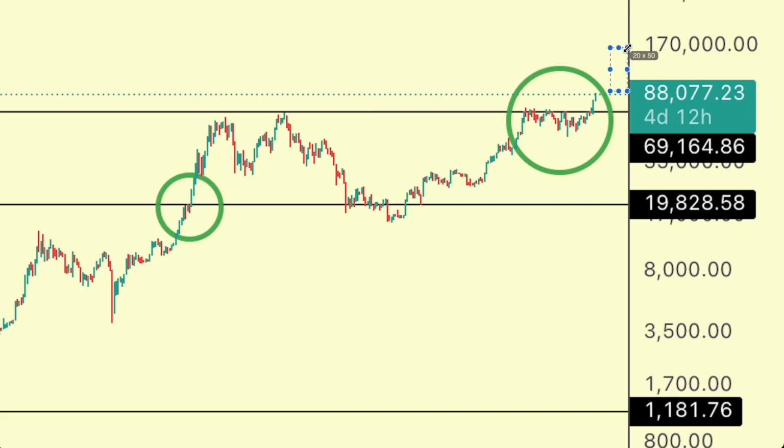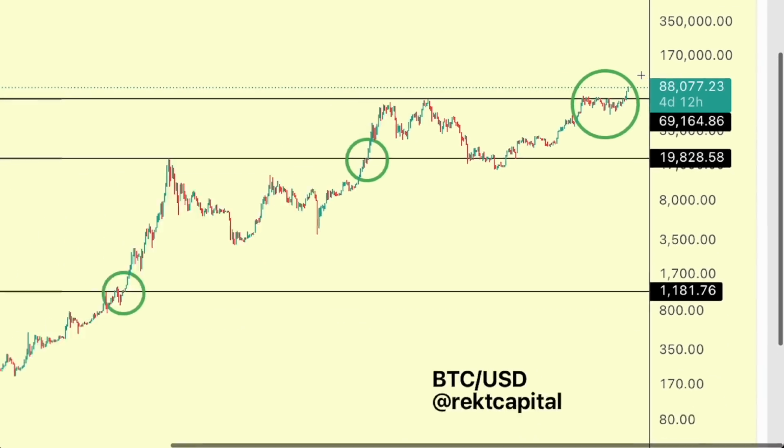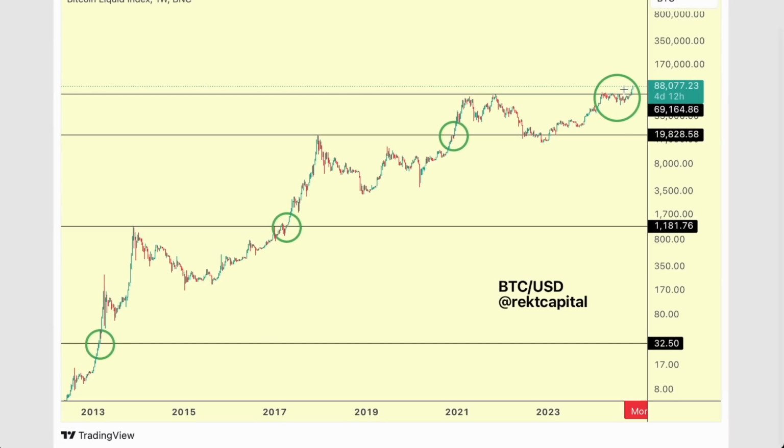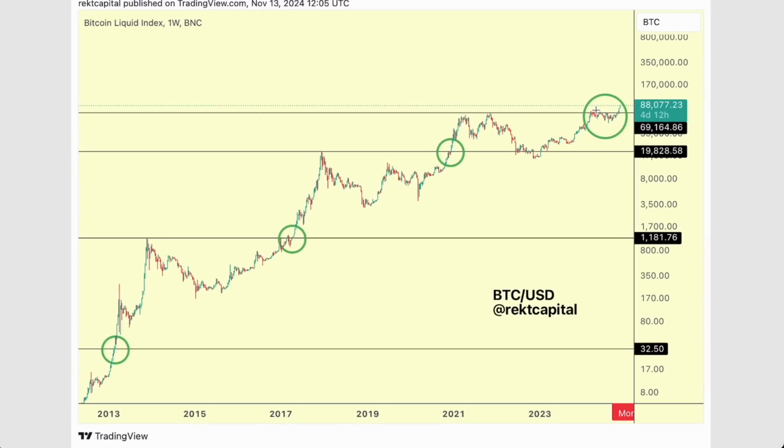Then we're going to see that second price discovery uptrend wave before we have that second price discovery correction, which could also be once again a 30% pullback, and then the final price discovery wave into new all-time highs. And that's probably going to be it. That's going to be the new all-time highs, the final all-time highs, and that's going to be it for that sort of price appreciation.